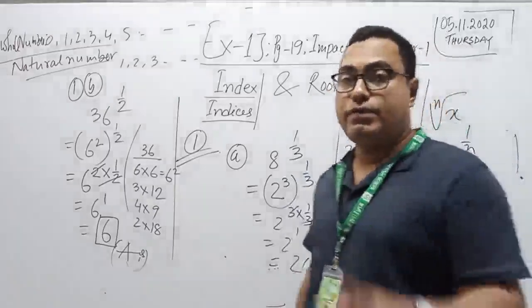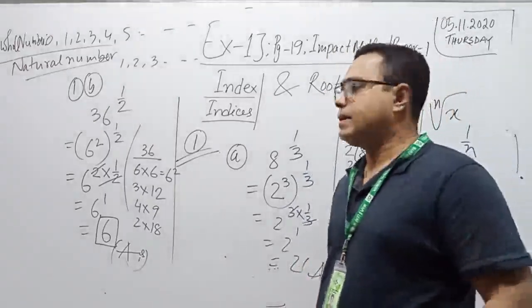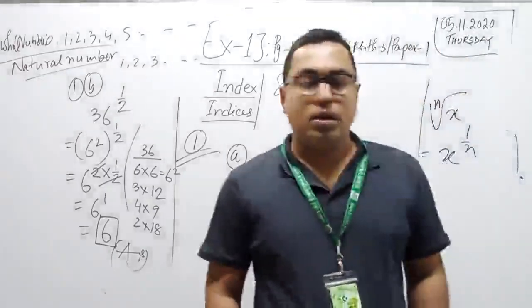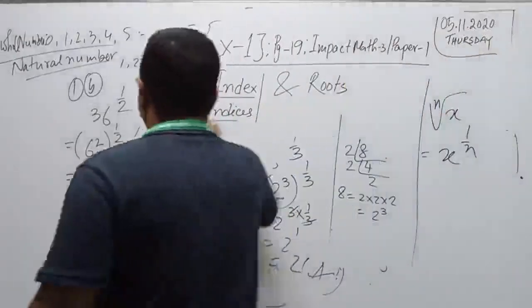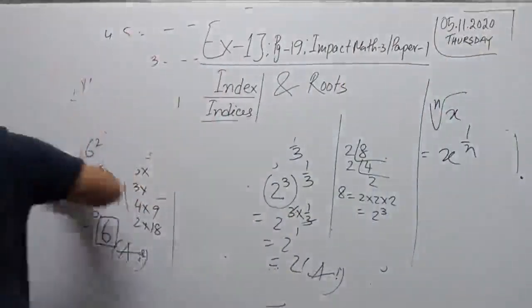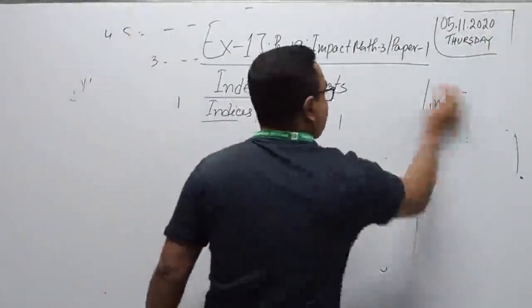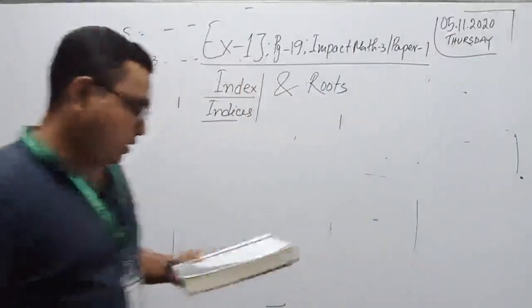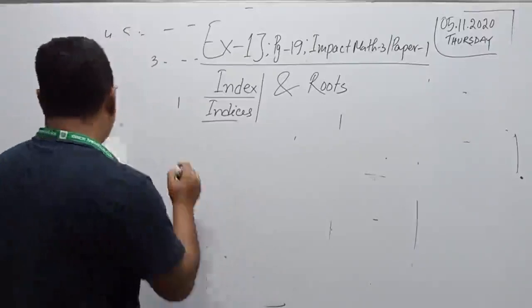If you have any confusion, I will take a class specially on number. Leave a question for that. Okay? Next, go for further math. This exercise is very easy. Solve it.